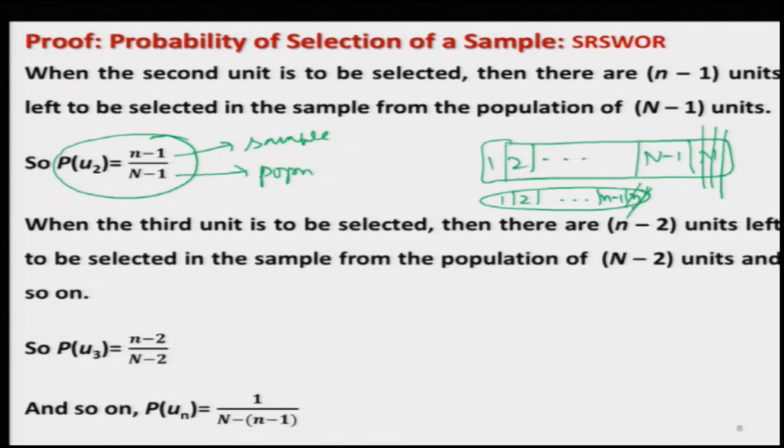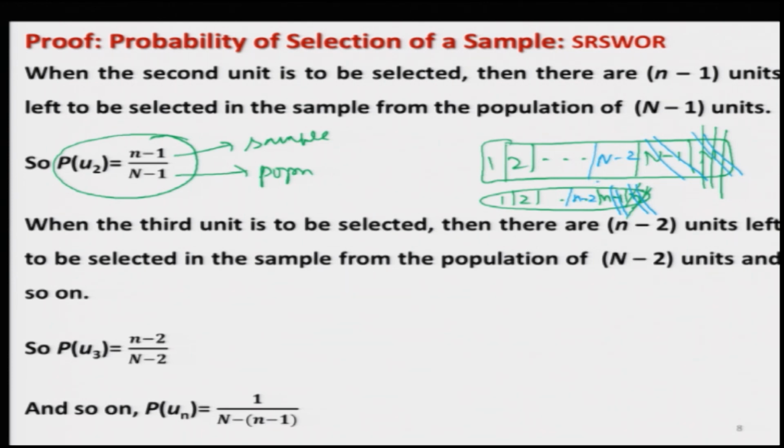And similarly, if I want to select the third unit, that means we already have selected the 2 units. So, now in this picture I can say here, suppose I have here n minus 2, n minus 2. So, I already have selected the last 2 units. So, I have remaining say 1 to capital N minus 2 number of units in the population, and I already have selected 1 and 2 sampling units in my sample.